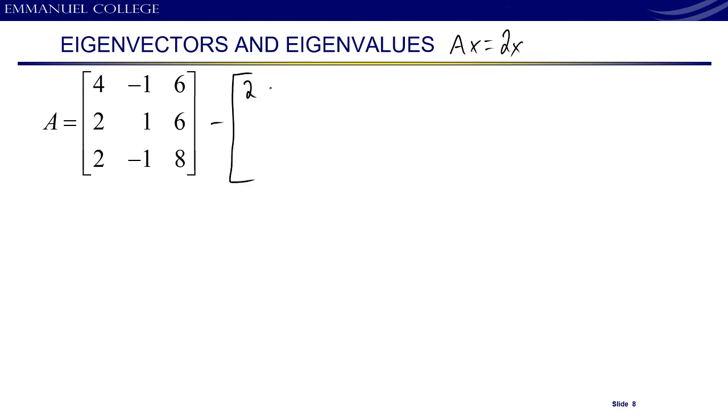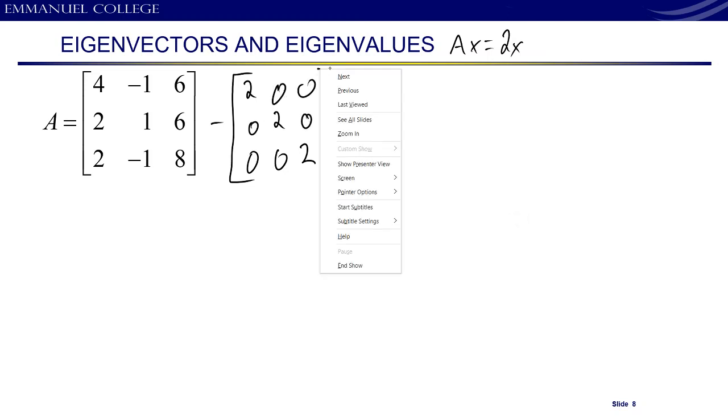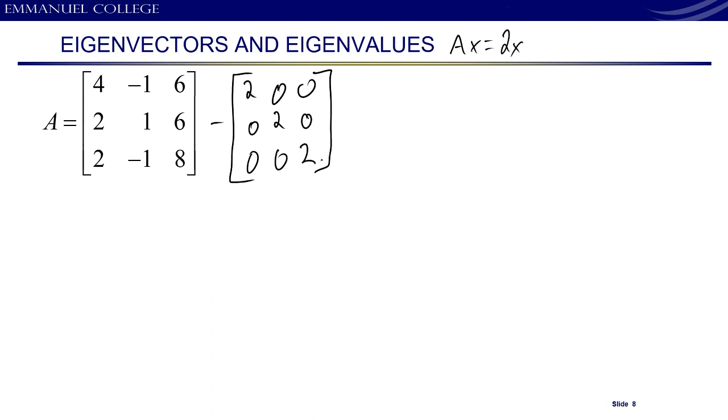So this is going to be minus 2, 2, 2, 0, 0, 0, 0, 0. Next I'm going to put the two together. Again, these are minus, so this is going to be 2, negative 1, 6, 2, negative 1, 6, and 2, negative 1, and you guessed it, 6.